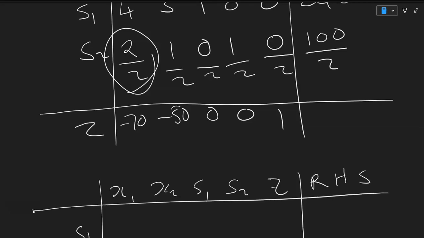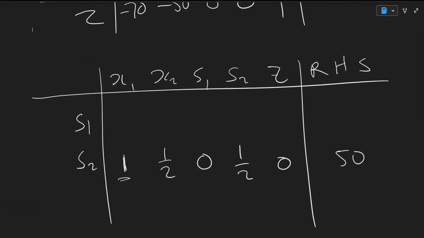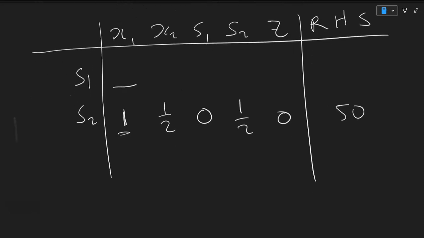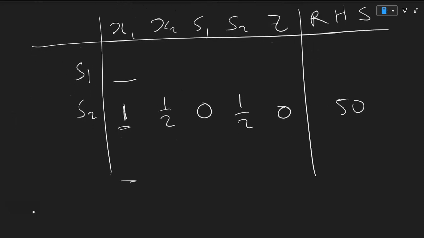Basically, your key number, or your pivot number, or your pivot key, however you want to call it, when you identify it, you want it to be equal to 1. And by dividing 2 by 2 you get a 1. And once you have a 1 there, you want whatever will come here and down there to be equal to 0.